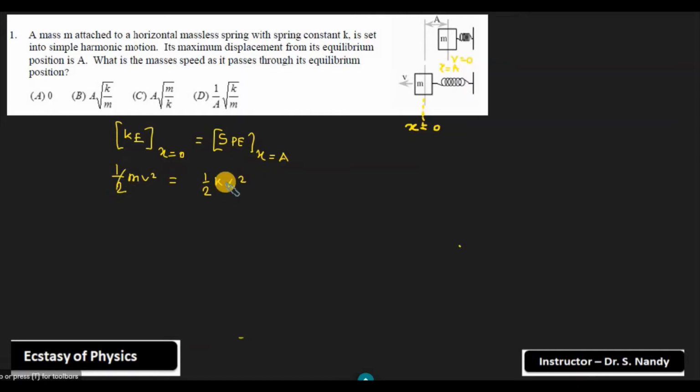We have to find the value of v. So v squared equals k upon m times A squared, which means v equals the square root of k upon m times A, which means the option is B.